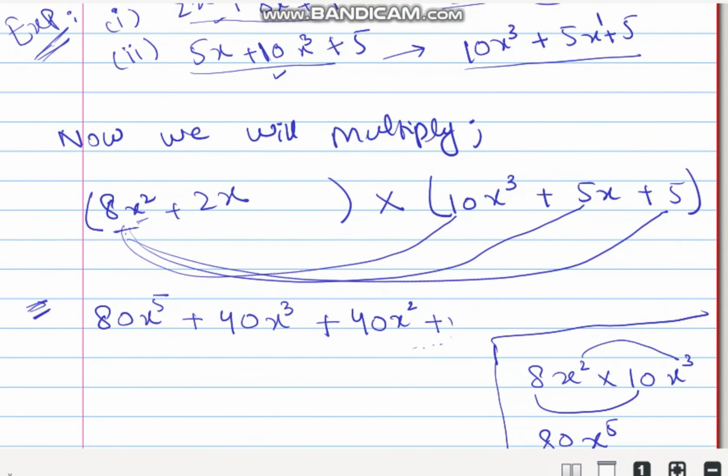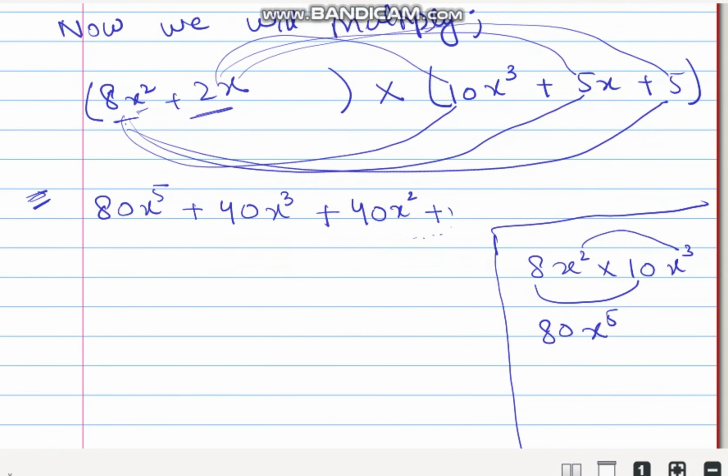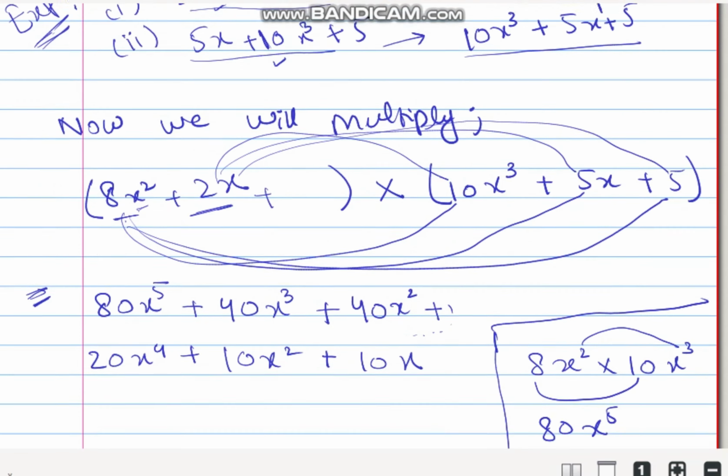Just consider the 2x. The process is the same. Multiply 2x with 10x cube, multiply 2x with 5x, multiply 2x with 5. Now what do we get? We get 20x to the power 4 plus 10x square plus 10x. Similarly, what is remaining at the end? We have the 9.